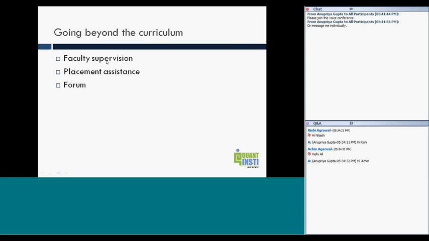So going beyond the curriculum, what we mean by that is that even after you complete the course, while you are doing the course, there's complete faculty supervision that helps you, especially when you are doing the project, that is your specialization. Based on your choice of the project, you are assigned the relevant domain expert, and they supervise you all through the course, all through the project.